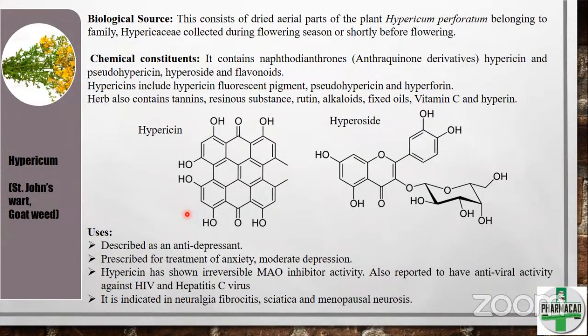An antidepressant. So it is prescribed for anxiety and moderate depression. Hypericin has also shown irreversible MAO inhibitory activity, also reported to have antiviral activity against HIV and hepatitis C virus, indicated in neuralgia, fibrositis, sciatica, and menopausal neurosis.